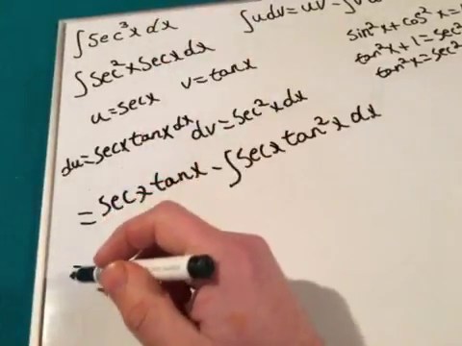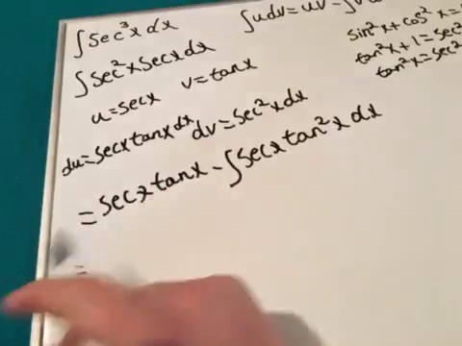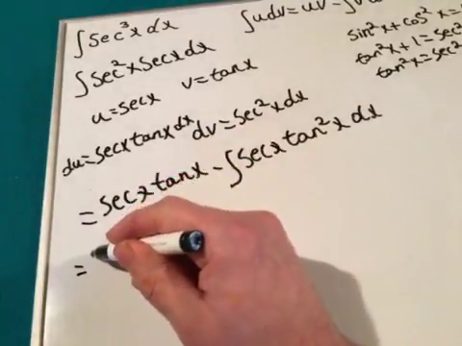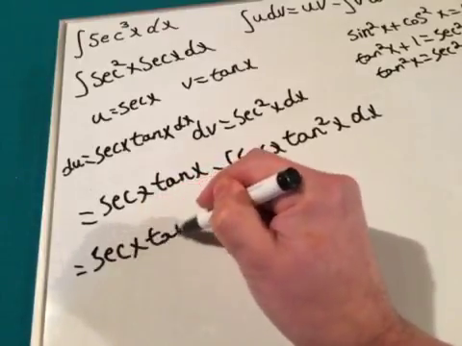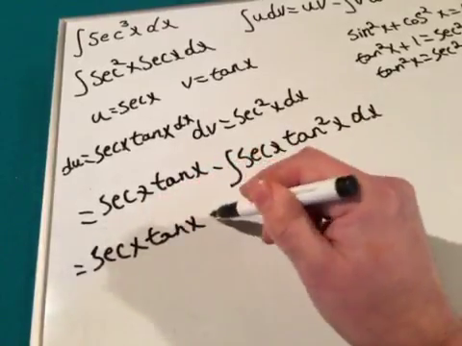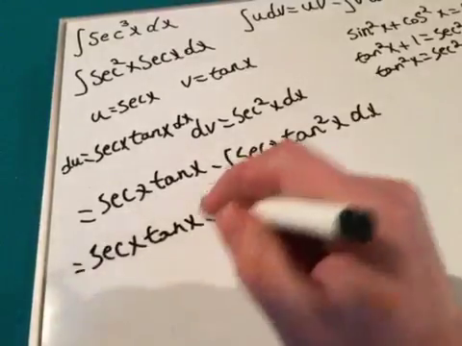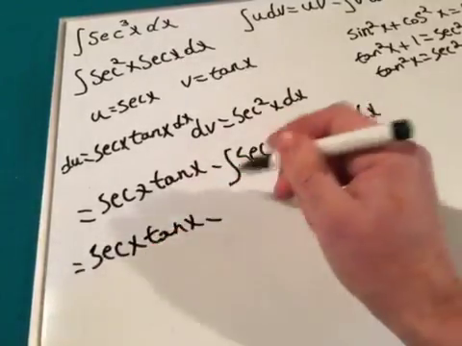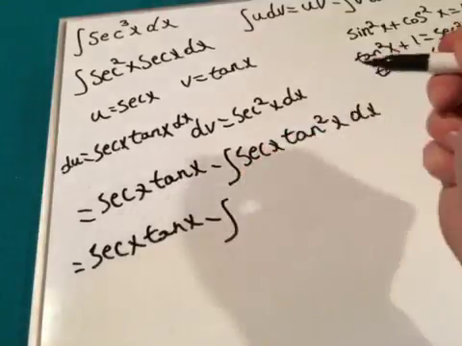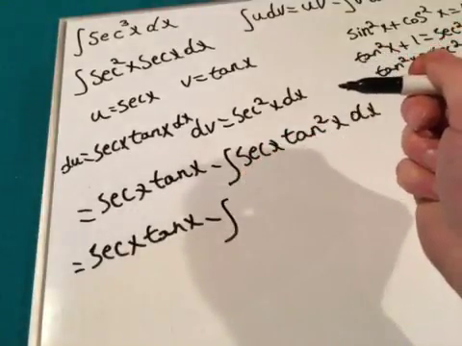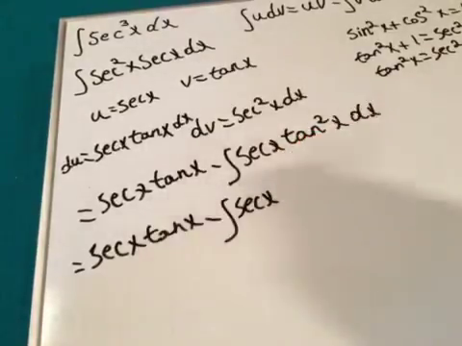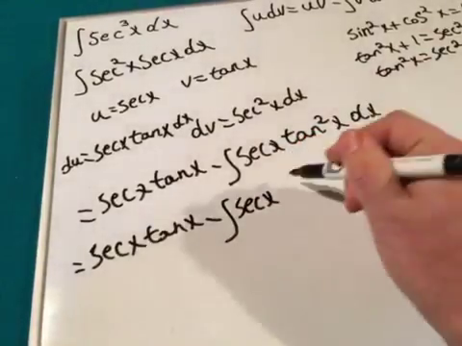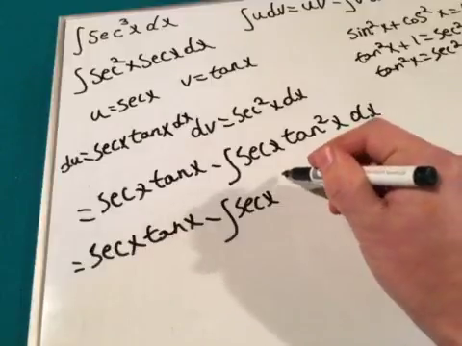Okay? So I can then plug that in for my tangent squared and get, so this is equal, this is the integral of secant cubed x is equal to all this, which is secant x tangent x minus this integral, so minus the integral of secant x, but then tangent squared x is just secant squared x minus 1.